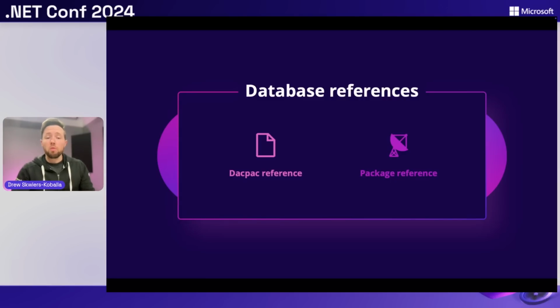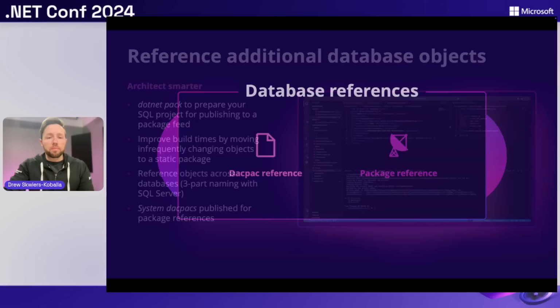Those still are both around, but we definitely would encourage you to consider using package references, because when you use a DAC-pack reference, when you're referencing another build artifact, you have to move that artifact around to all of your different environments, and then you're kind of having to reference files, and that's just a lot of copy pasting, a little bit more management than maybe you need. Package references, there's a little more setup, but you get the payoff of it being easier to manage.